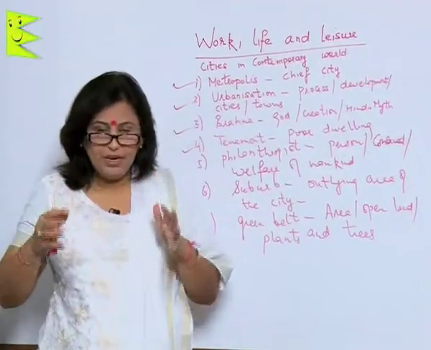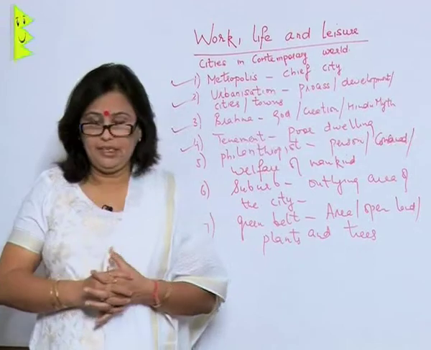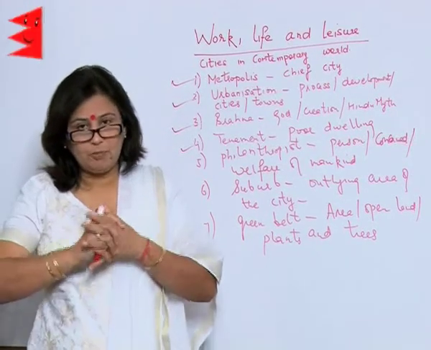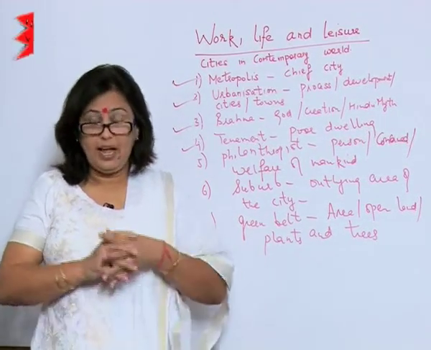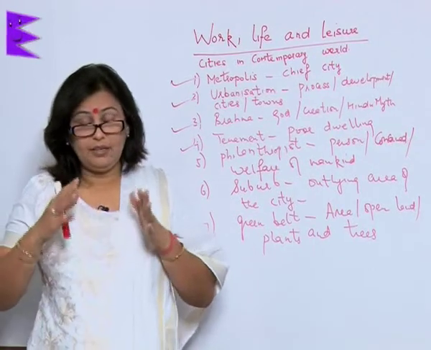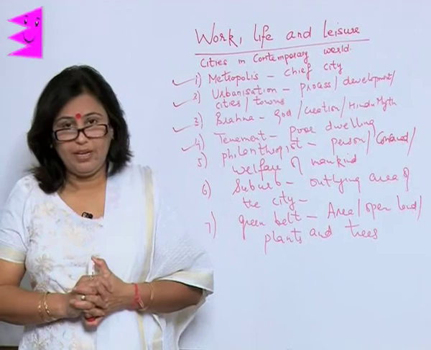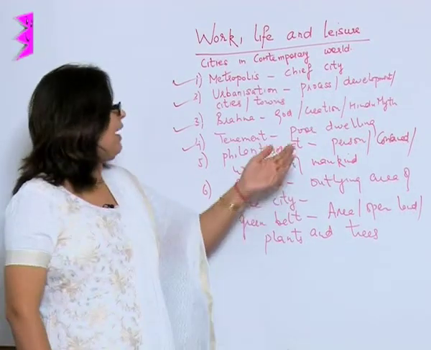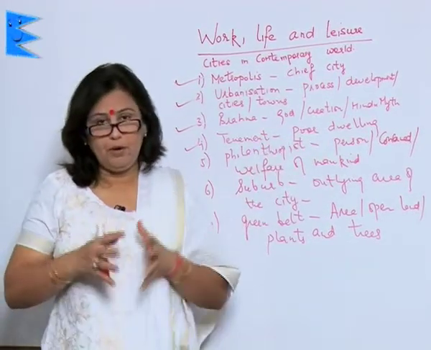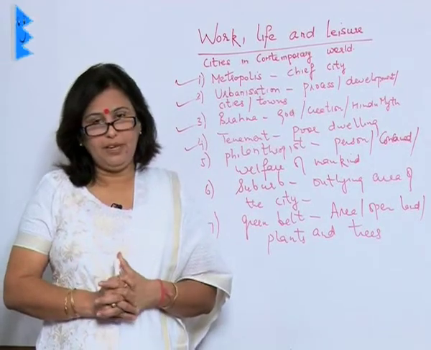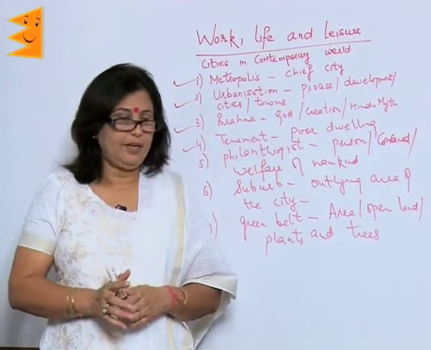This is a common feature in the cities wherein the space is less and the rent that the people have to pay is very high. That is why the poor people prefer to live in these kinds of buildings.